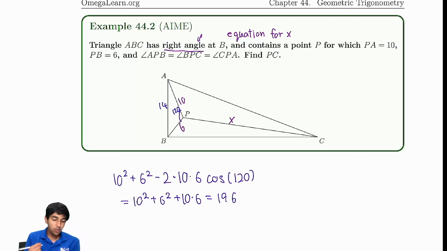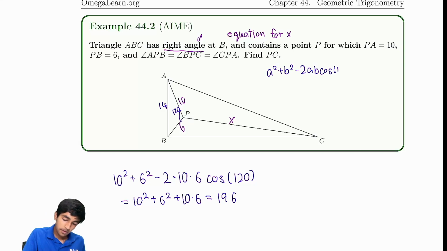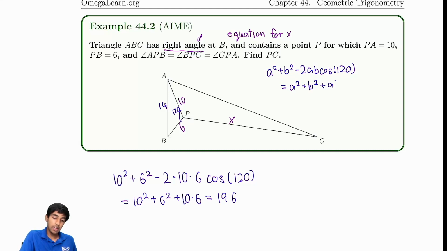Now, it's actually kind of cool. This might be something worth mentioning. For 120 degrees, because cosine 120 is negative 1/2, this just ends up becoming a squared plus b squared plus ab. So it's kind of like a cool shortcut you can remember. If you have 120 degrees, then you can just write this form of law of cosines.